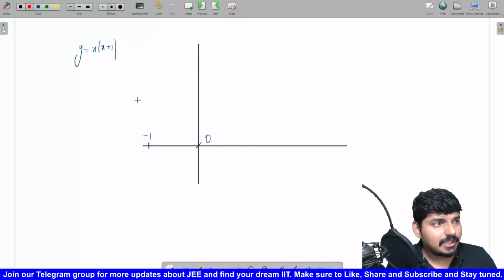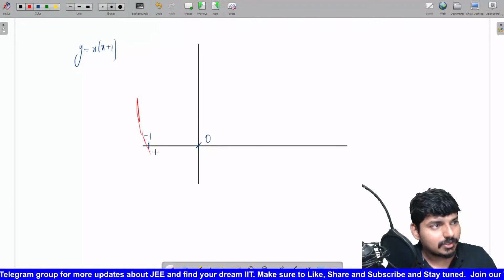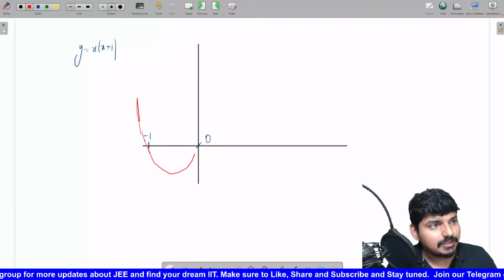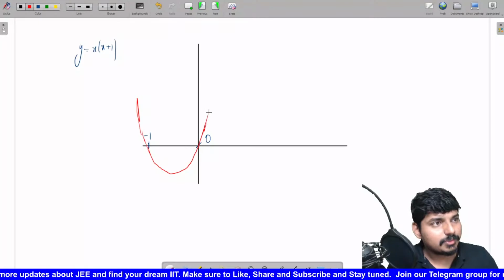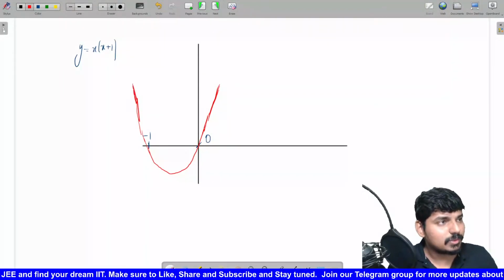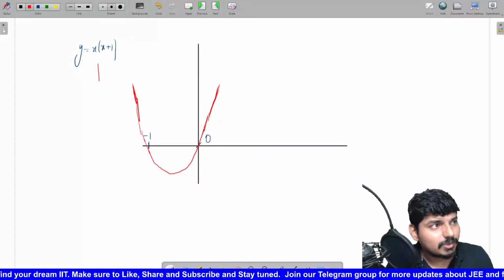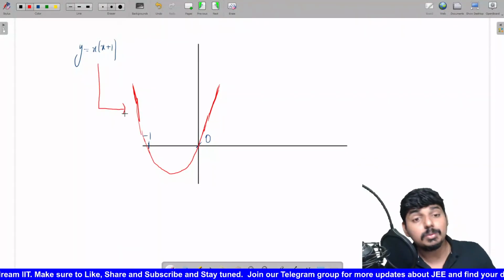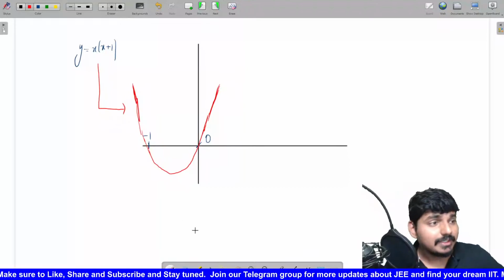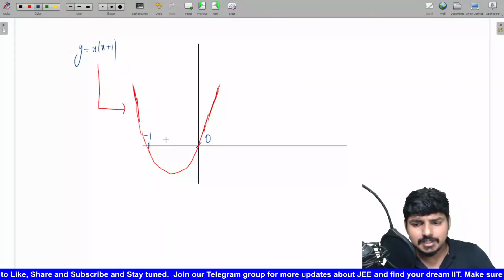This is the type of parabola you are going to get. So this is the graph of the equation y is equal to x into (x plus 1).